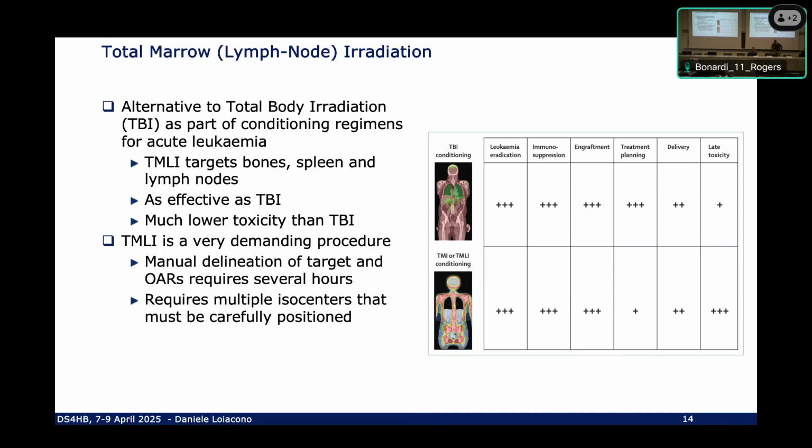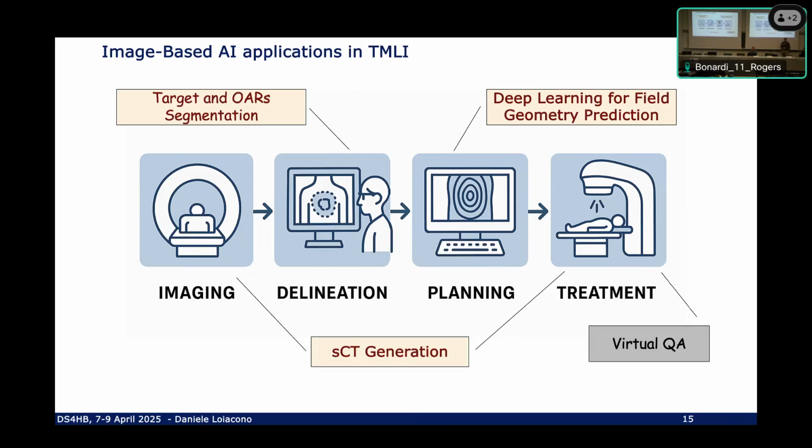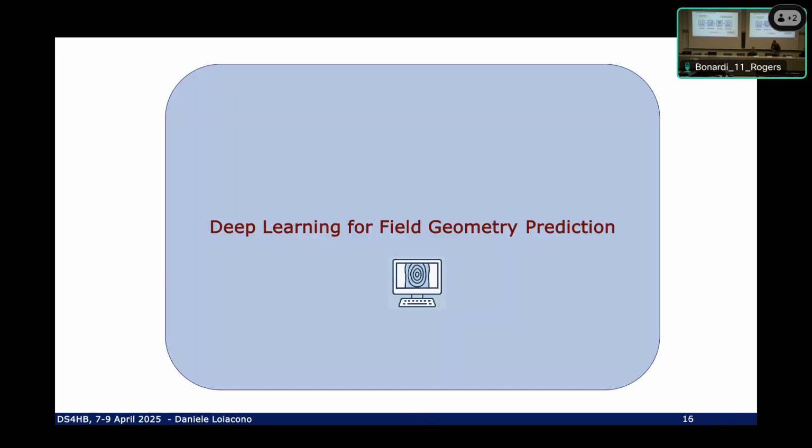So the applications I'm going to present now span across these steps that I just introduced before. In particular, I will focus on three applications we developed. For reasons of time, I'm leaving out one of the other applications we considered in the project. The first one is applying deep learning in the planning step for optimizing the field geometry of the patient.